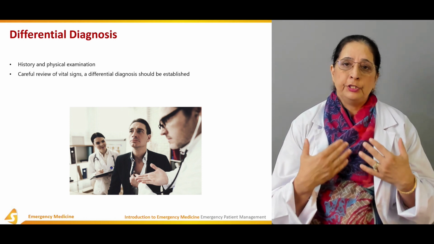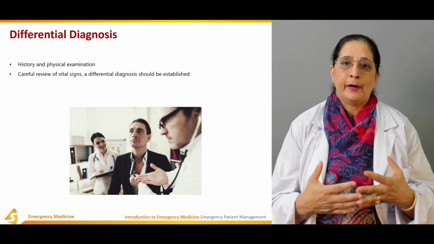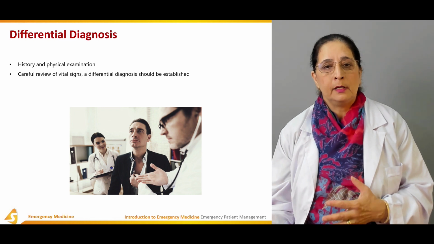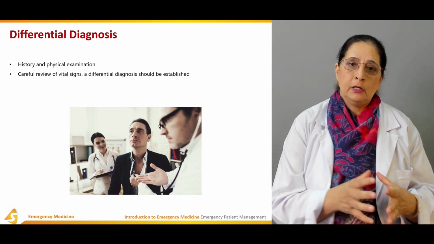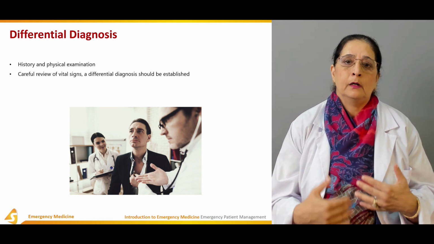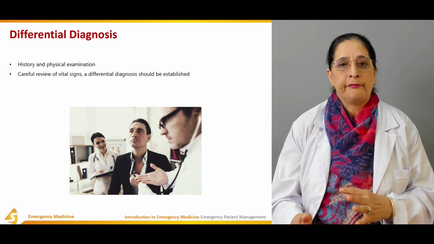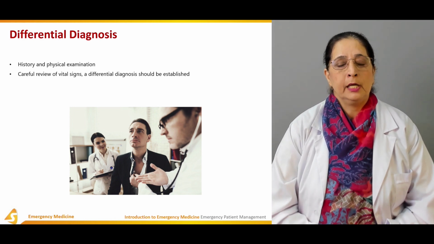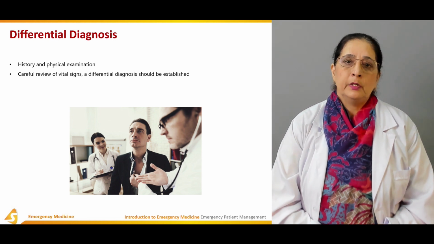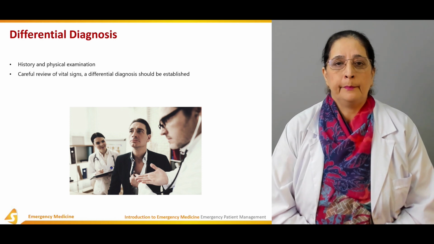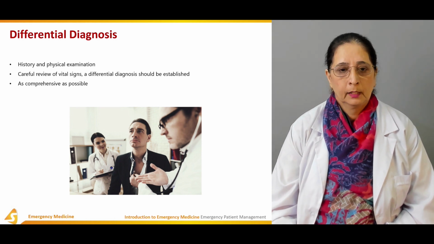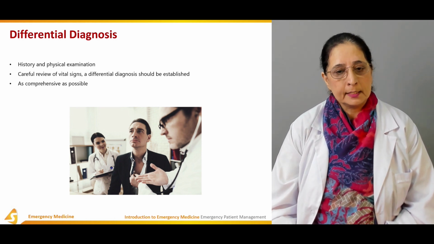For a patient who comes with shortness of breath, we need to differentiate quickly whether it is asthma or some other condition, or whether it is due to heart failure or a heart problem, because management is different for both conditions and both can cause shortness of breath and difficulty in breathing. So it's important to differentiate important conditions which might be present, as comprehensively as possible.